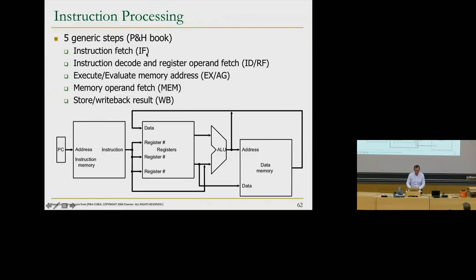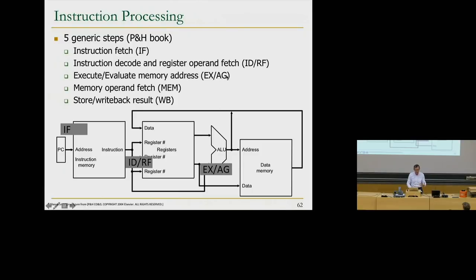So instruction fetch is where you fetch the instruction. Okay, let me do it over here. You input the program counter into the address of the instruction memory, and you get the instruction out. And then you have a decode stage where you decode the instruction, figure out what it's supposed to do, and then you fetch the operands from the register file, and then you execute the instruction or evaluate the memory address.